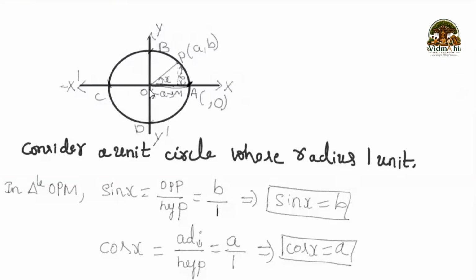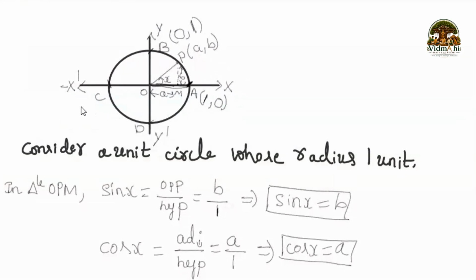And since it is a unit circle, OA distance is nothing but 1 unit. So therefore coordinate of A is 1 comma 0. Similarly, coordinate of B. Since B lies on y-axis, x coordinate is 0 and the OB distance is 1 unit. So 0 comma 1.